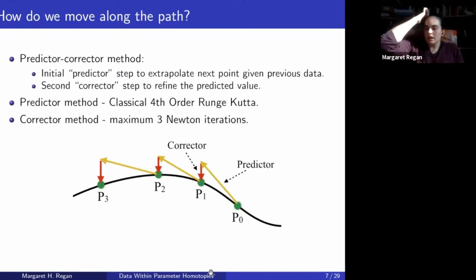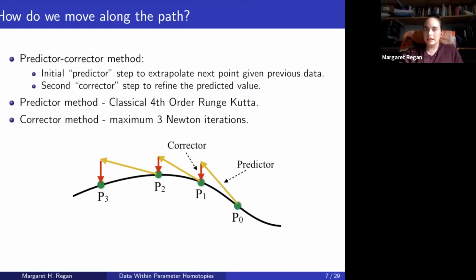Now, how do we move along these paths? We use something called a predictor-corrector method. And so what we do is, if P0 is our initial solution, like 1, 1 to our G of Z, we predict, or extrapolate, along this path to the next point using our homotopy equation, H of Z and T. And then we correct to refine back to the path, because as you can see, depending on your predictor method, you're not necessarily going to predict right on the curve.